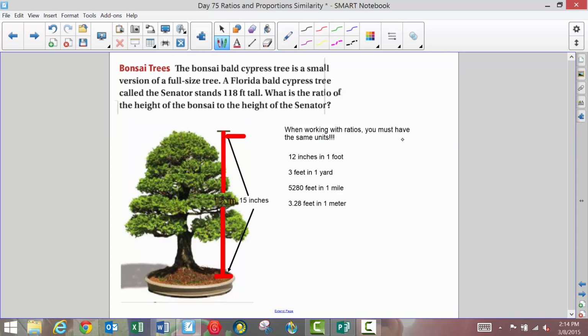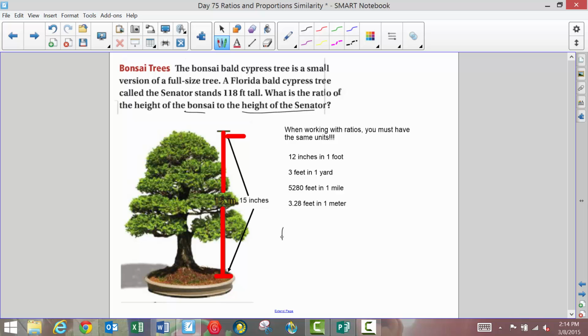Let's do an application problem with ratios. You have a bonsai tree and a cypress tree. I have a picture of a bonsai tree. I don't have the picture of the cypress tree from Florida. It's called the Senator. It's 118 feet tall. What's the ratio of the height of the bonsai to the height of the Senator?